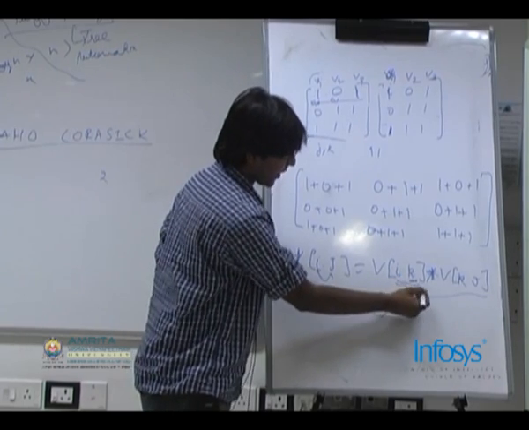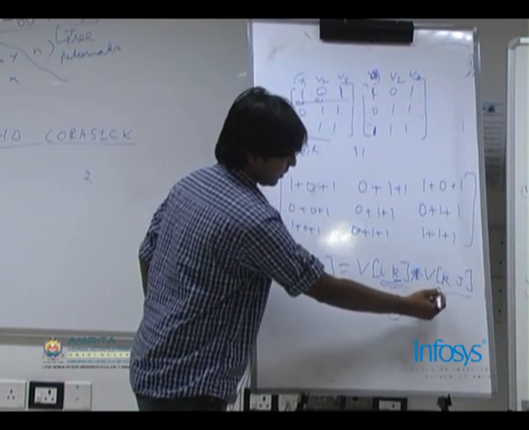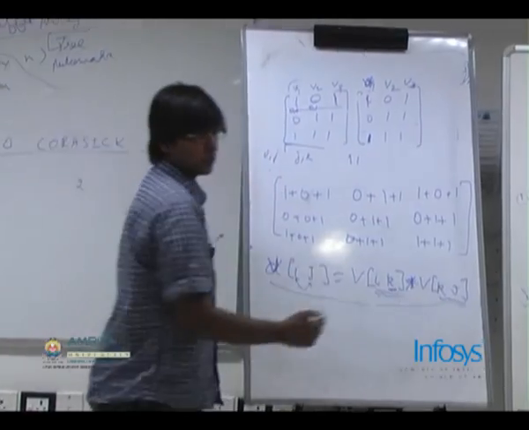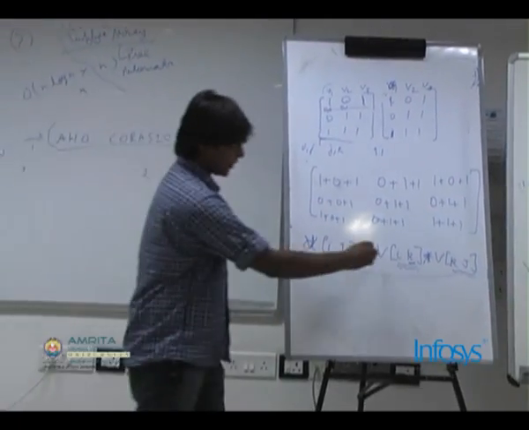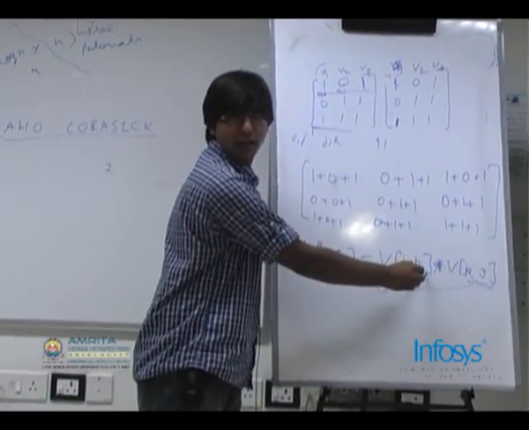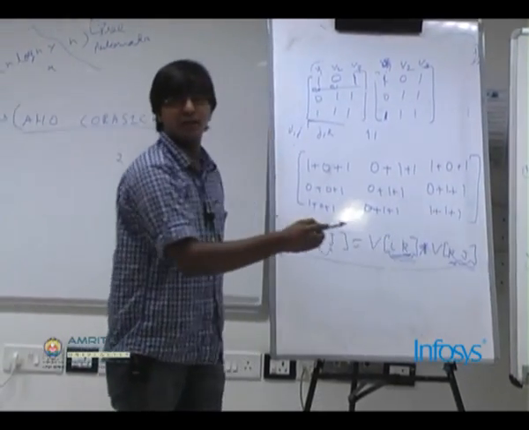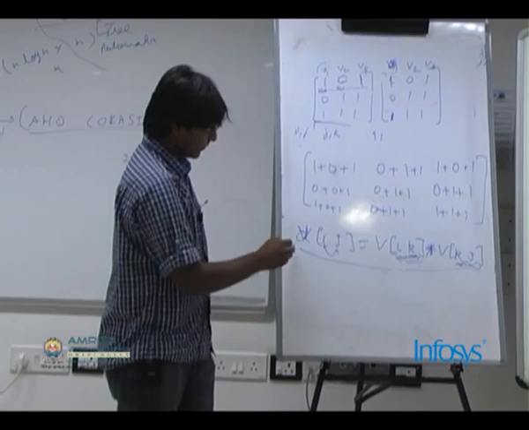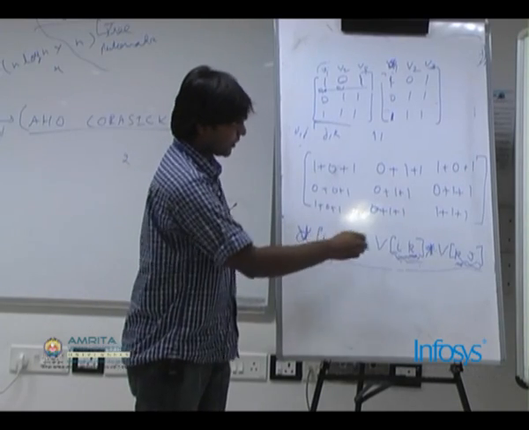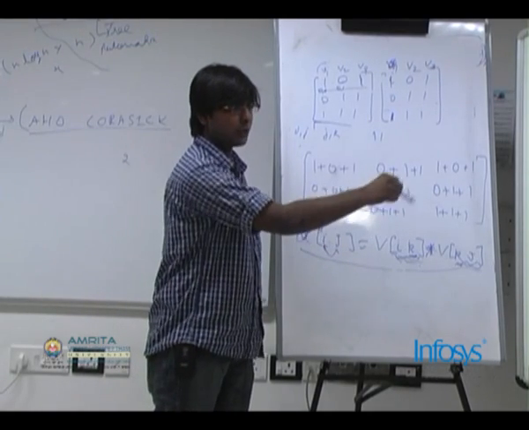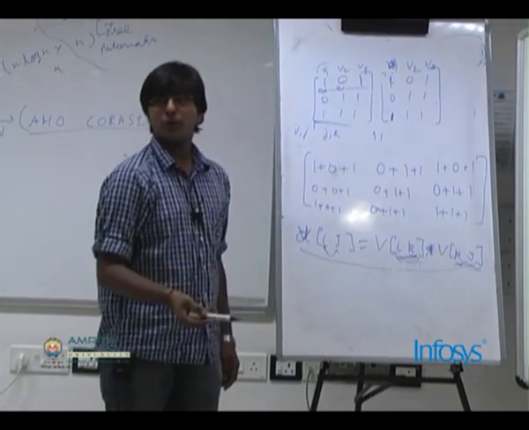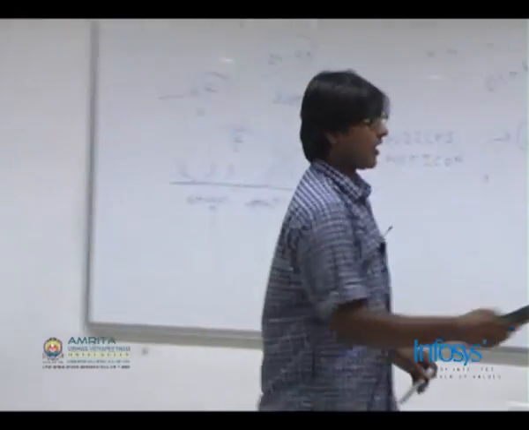We consider all the paths from i to k and all the paths from k to j. We choose any one path from i to k and any one of the paths from k to j. The total number of paths from i to j would be i to k times k to j, and k would be the summation.